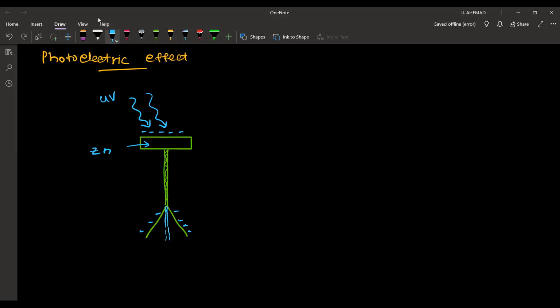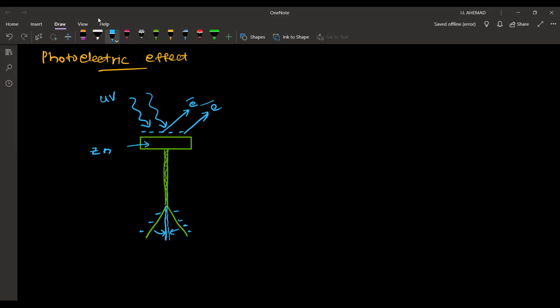So what idea can you get? If these metal foils fall, that means this is no more negatively charged. So there was negative charge, that means there were electrons. But when we shine UV light, these electrons somehow have escaped.